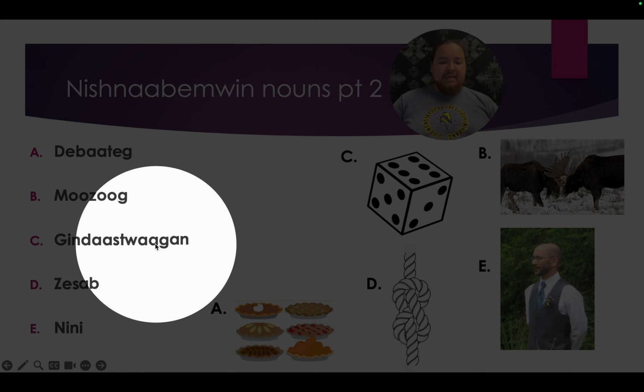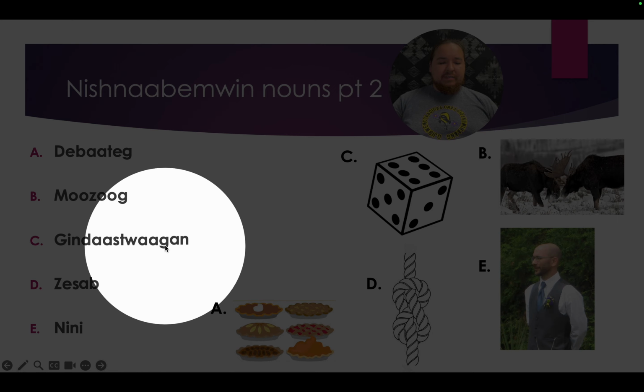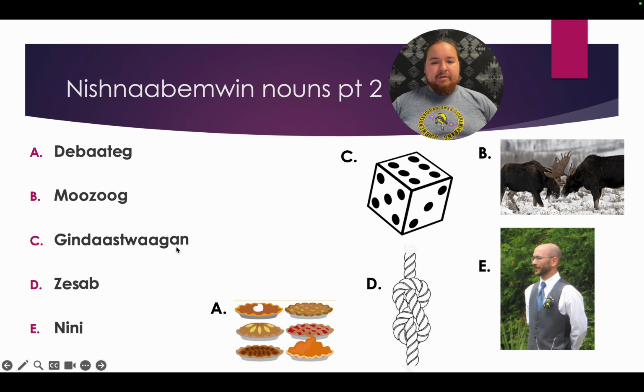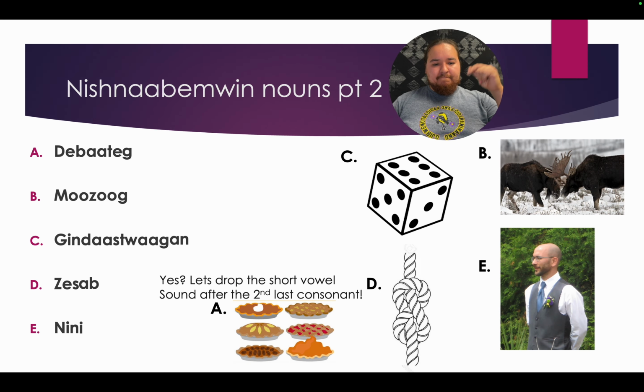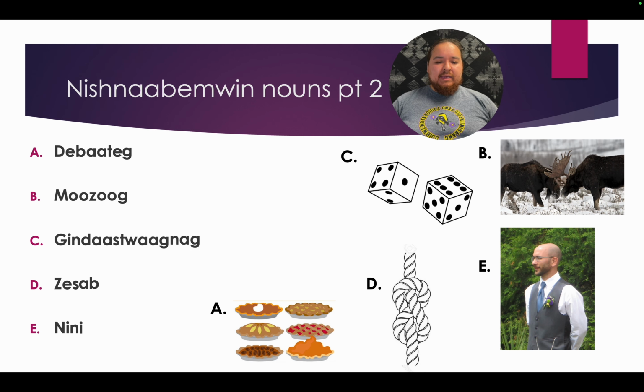We know double A is a vowel sound. It's maintained with an open mouth. So we have a vowel sound in front and a short one after, so we have to get rid of that short vowel sound. So we've got to Thanos that one there. Boom, Thanos. Bring in the N. And then this one doesn't have a suffix connector, so we'll just add AG to the end. Gindostwagnuk, which means dice.